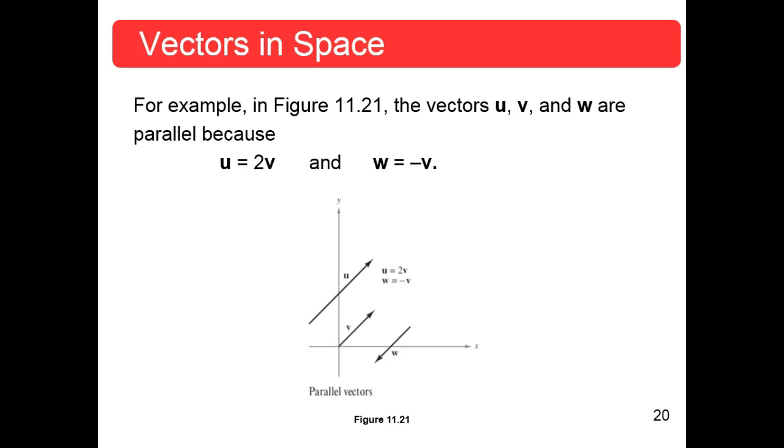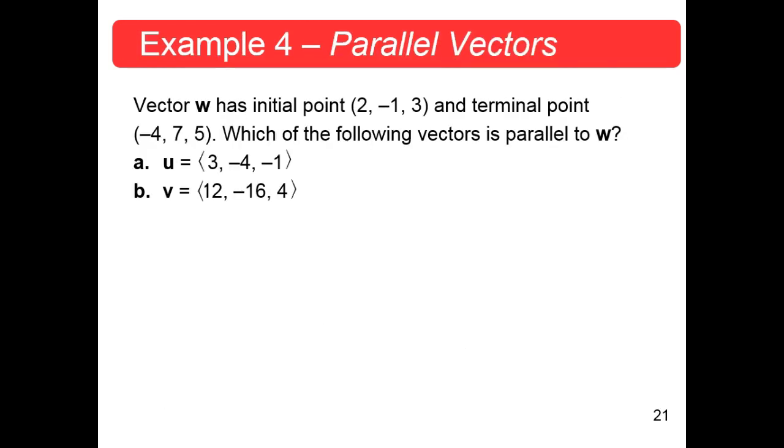Can't be a variable, has to be a scalar, a constant. Okay, so here is example 4. Vector W has initial point 2, negative 1, 3, terminal point negative 4, 7, 5. Which of the following vectors is parallel to W?